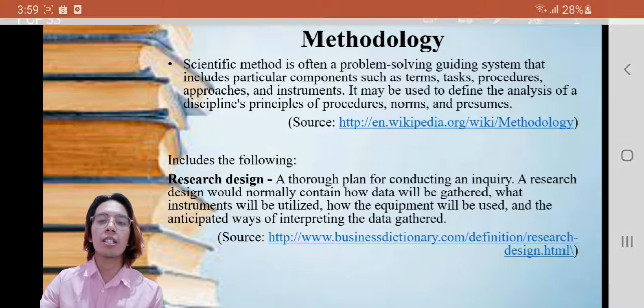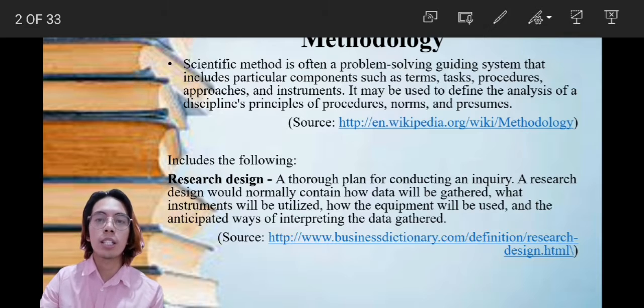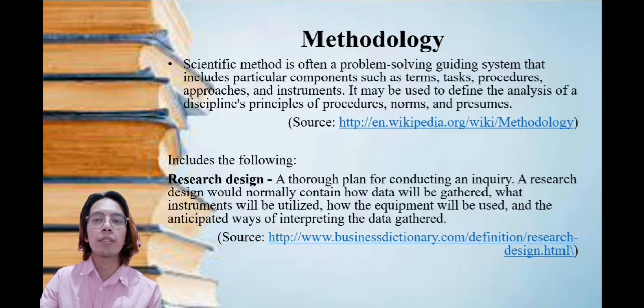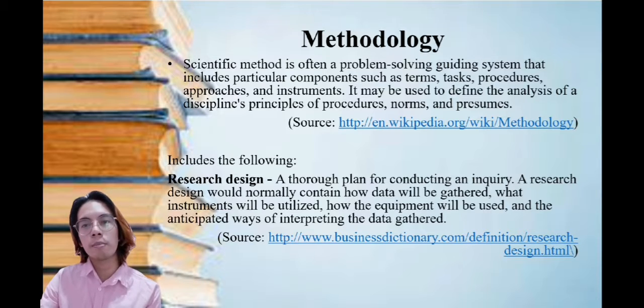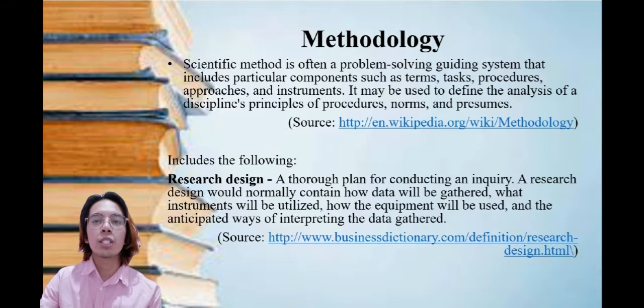And next is Methodology. Scientific method is often a problem-solving guiding system that includes particular components such as terms, tasks, procedures, approach, and instruments that may be used to define the analysis of a discipline for principles of procedures, norms, and pressures.